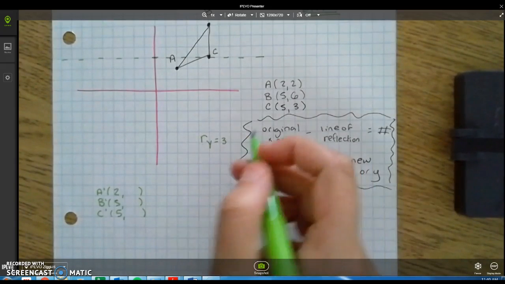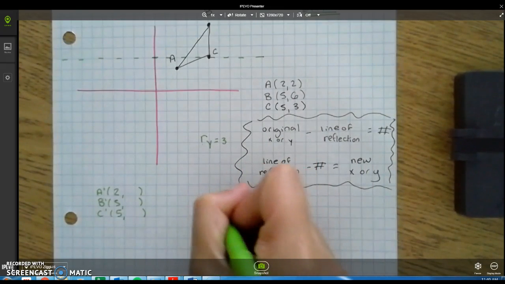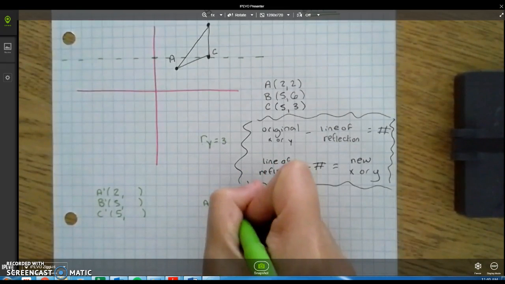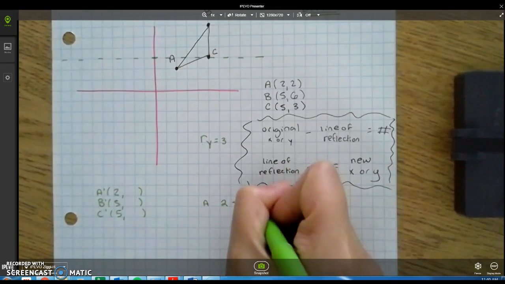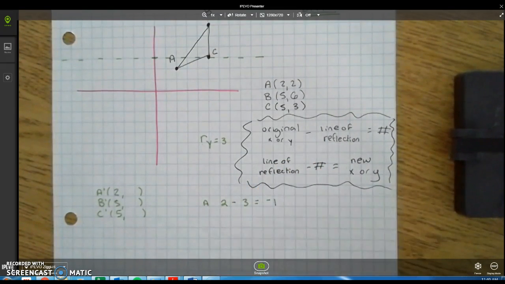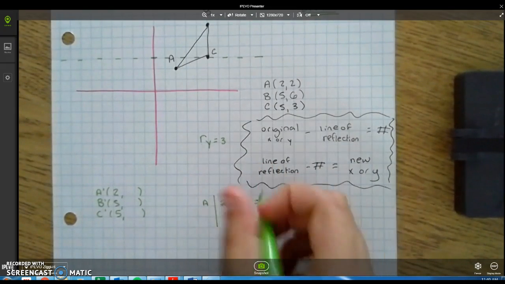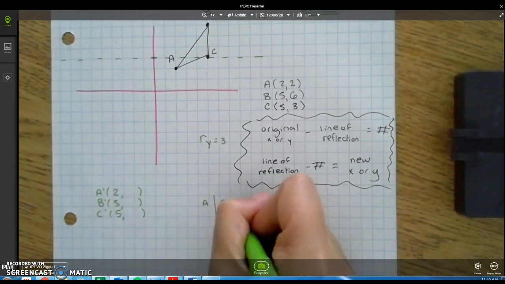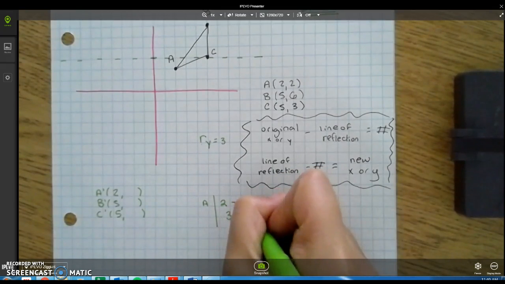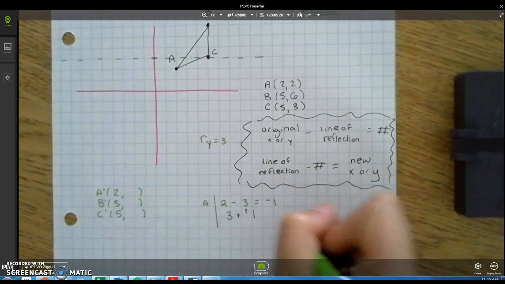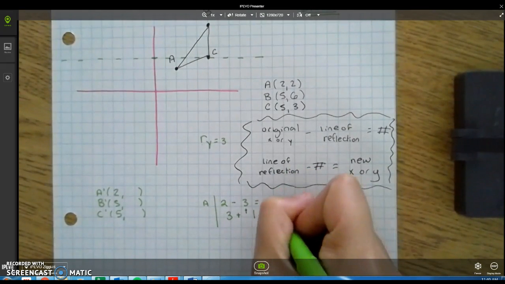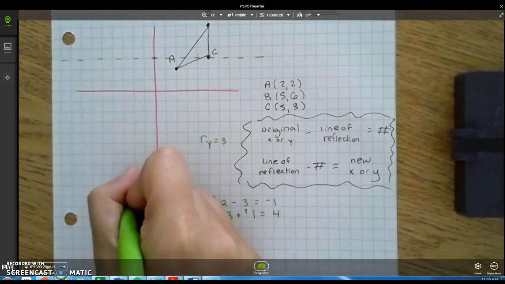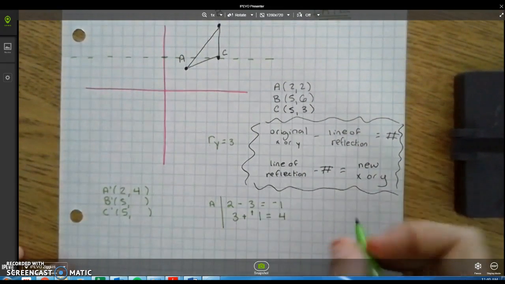My original y for A was 2. My line of reflection is 3. We're going to get negative 1. Now I'm going to say my line of reflection, 3 minus negative 1. Those change signs. That gives me positive 4. And that's my new y value.